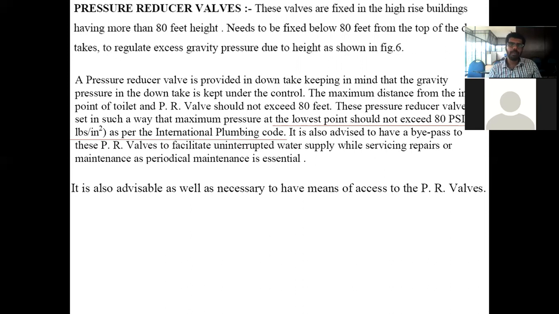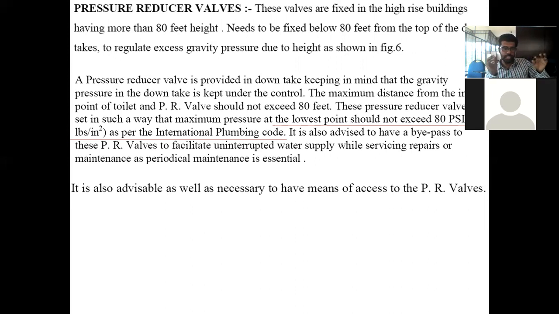A pressure reducer valve is provided in the downtake pipe, keeping in mind that the gravity pressure in the downtake is kept under control. The maximum distance from the inlet point of the toilet and the pressure valve should not exceed 80 feet.